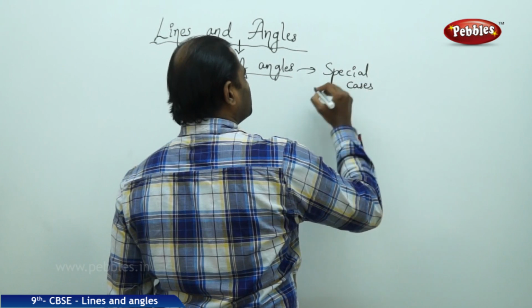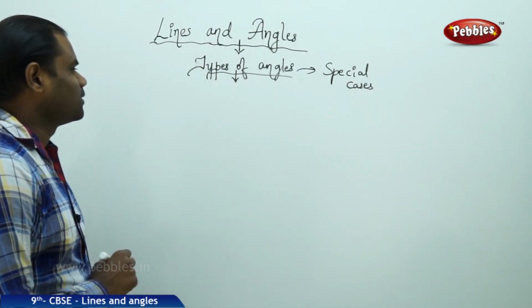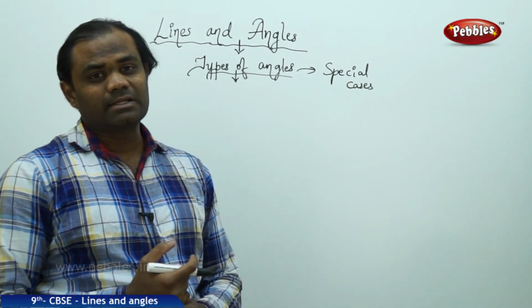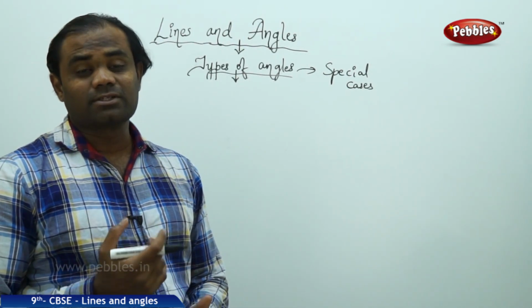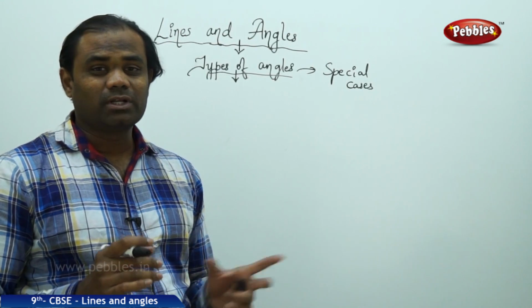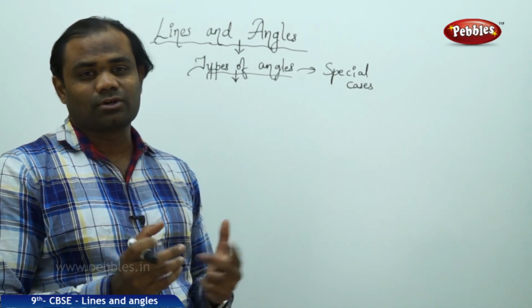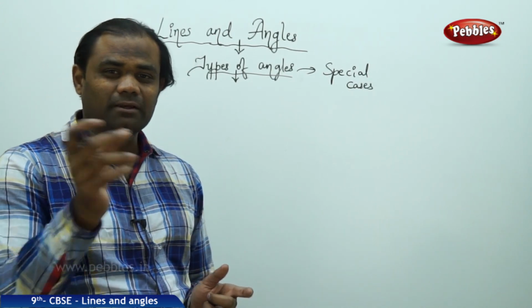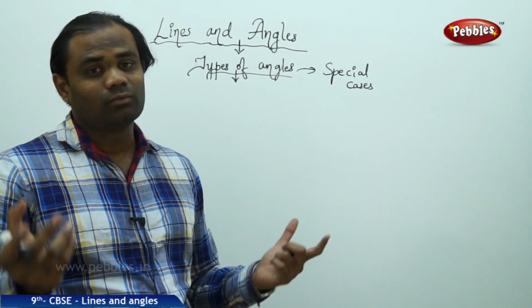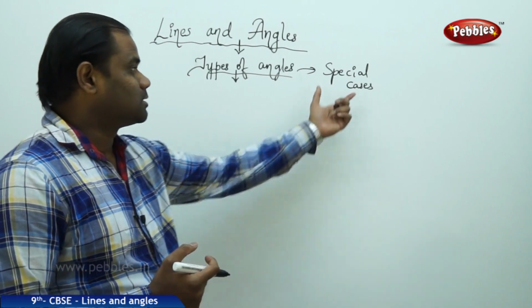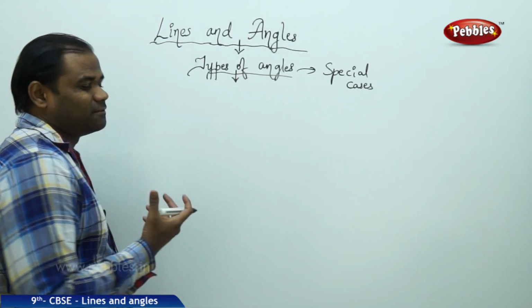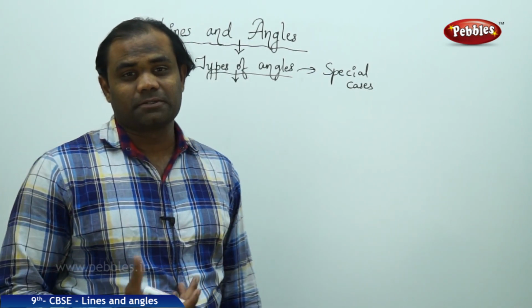Now in this case, as we have seen, an angle less than 90 is acute, when x is 90 it's a right angle, more than 90 and less than 180 is obtuse. Now comes the investigation of what happens if the angle is 180 or more than 180 as special cases for types of angles. Let me take the first case of 180 degrees.